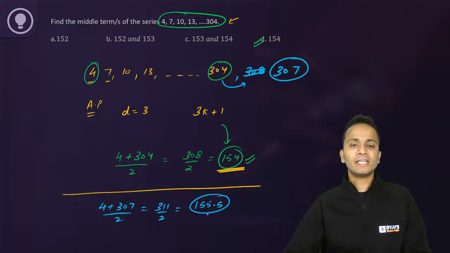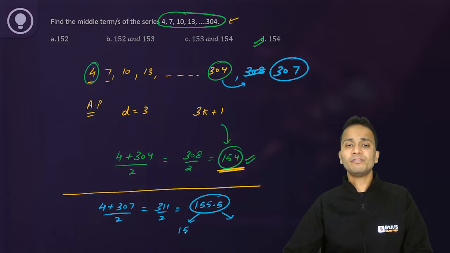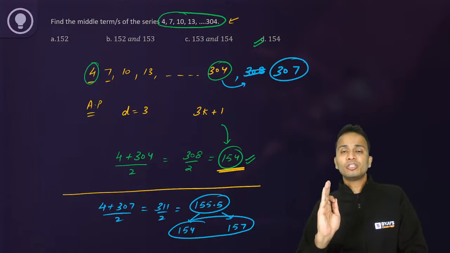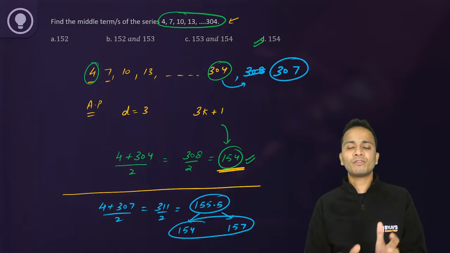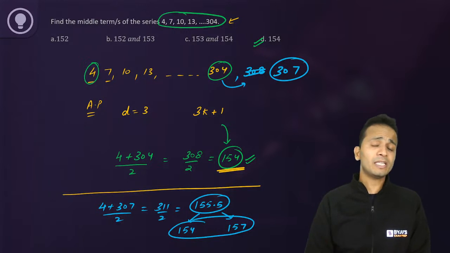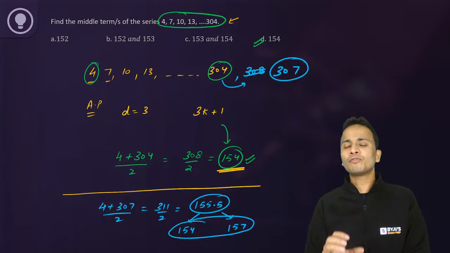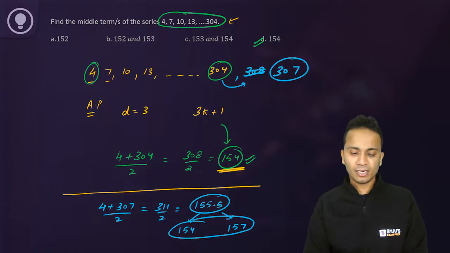Now since it's a decimal, one term before this and one term after this that lie in the series, that is 154 and 157, these two will be the middle terms. So if I add one more term up to 307, then there will be two middle terms because the number of terms will be even. You must remember that if the total number of terms is odd, there will be a single middle term. If the number of terms is even, then there will be two middle terms, as I have calculated. Okay.